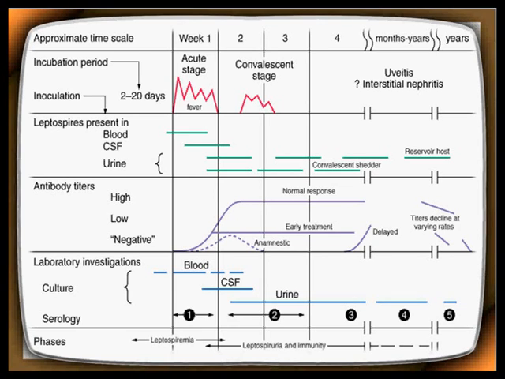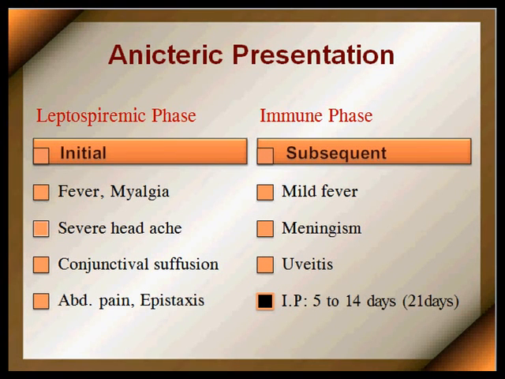So this in a nutshell explains the various phases and the details about leptospiral infection and disease in human beings. We have seen that there are two types of clinical illnesses that can occur, the anicteric illness and the icteric illness.